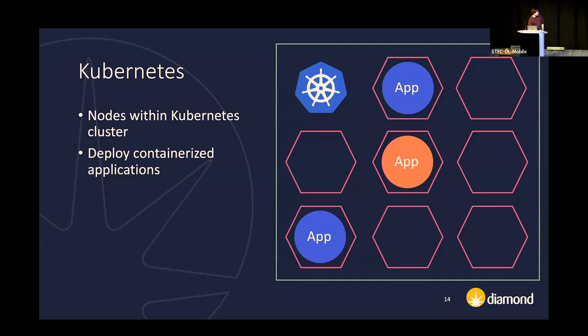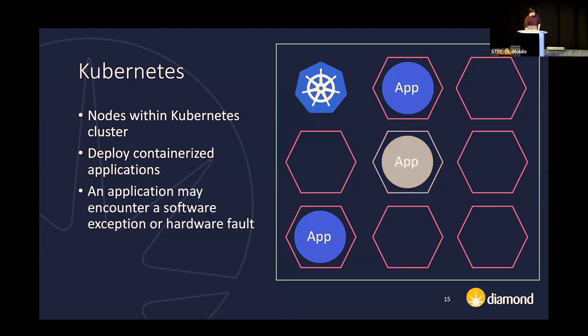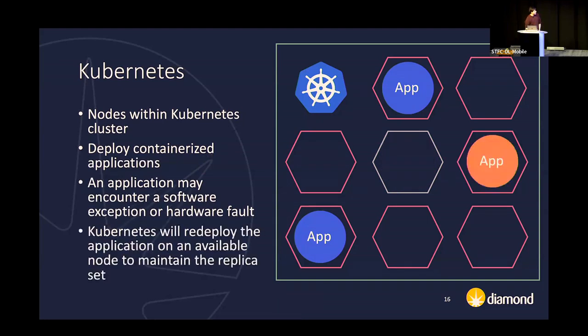But you encounter a problem if you're trying to run long-running services, where if you have a hardware failure or just a crash in the program, the server will disappear. You'll lose that application. And Kubernetes is designed to be tolerant to that kind of fault. So it will bring the application back on another node and correct all of the IP information that it has about these things if it sees a failure.